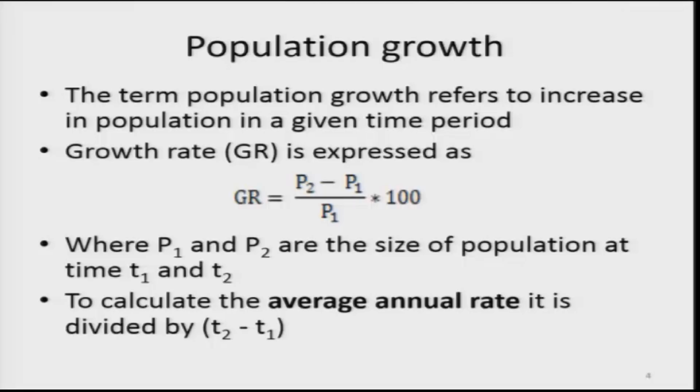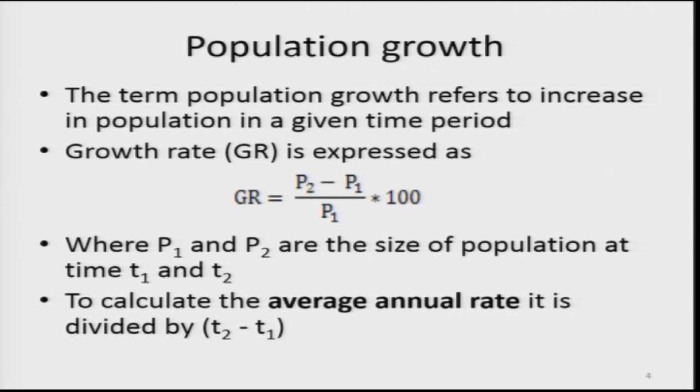Then comes the issue of at what rate is population growing. So, we have to calculate growth rate of population. The term population growth refers to increase in population in a given time period. So, growth rate may be expressed as growth rate equal to population at a later time minus population at the previous time divided by population at the previous time multiplied by 100.